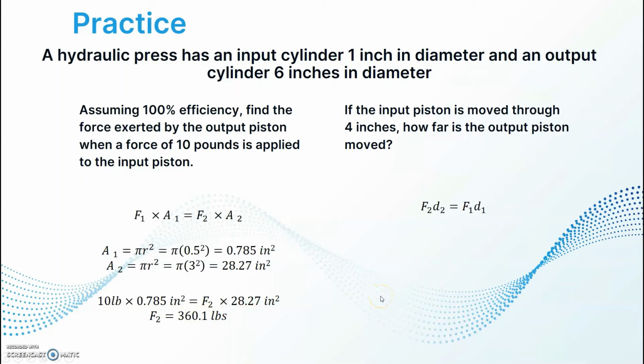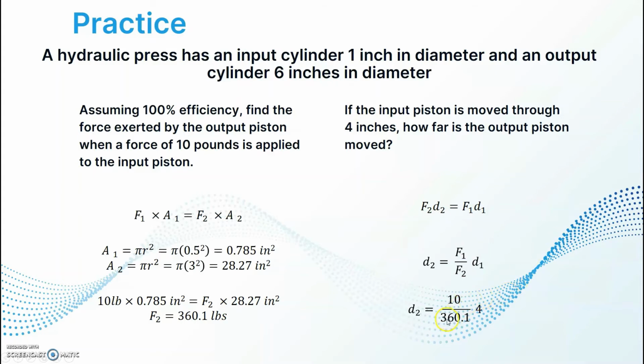If the input piston is moved through 4 inches, how far will the output go? Well, we can go with the distance here. Force 2 times distance 2 is equal to force 1 times distance 1. This is the conservation of energy. Work is equal to work with 100% efficiency. So we know what our forces are. We know that distance 1 is 4 inches.